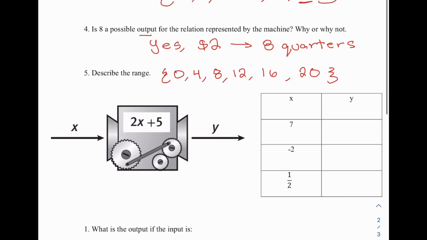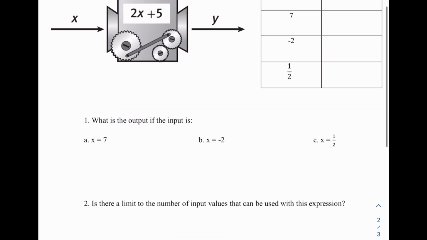Nice. The last thing we're going to look at for these notes is an actual expression. We've used expressions in this class before, and we're going to practice putting in x values to get out y values. So this is asking, what is the output if the input is 7? So they want me to input the value 7, and they're wondering, what am I going to get out?